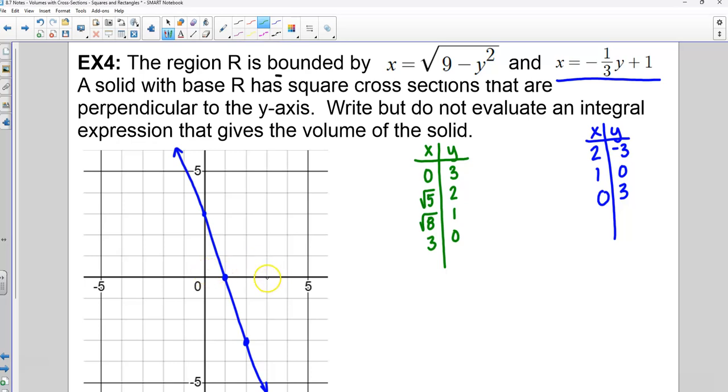I got 0, 3. And I got 3, 0. Set those backwards as I graph them. And then, like, sort of guess a little bit here. Square root of 8 is almost square root of 9, right? So it's like above 2. So above 2, and then 1, like somewhere in here.